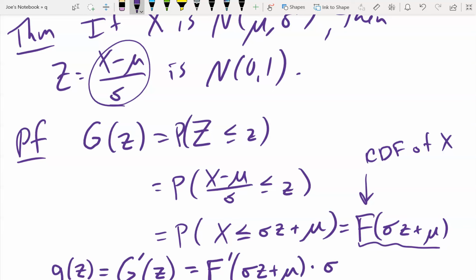When you do x minus the mean over the standard deviation, you call it calculating a z-score for a particular value. Because what you're really doing is changing the observation from one that comes from an arbitrary normal distribution to one that comes from a standard normal distribution, so that you can answer all of the questions in the context of the standard normal distribution. That's the whole point.